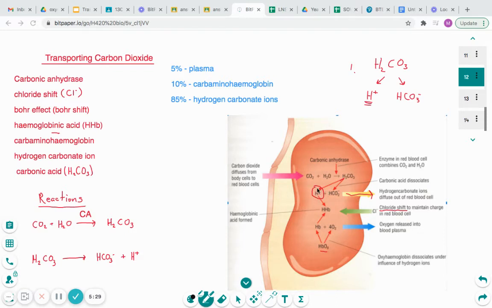So just remember that part. The hemoglobin is acting as a buffer because it is able to pick up some of these hydrogen ions, and that's helping to stop the environment getting too acidic. All right, so now we're going to go back to the oxygen dissociation curve.